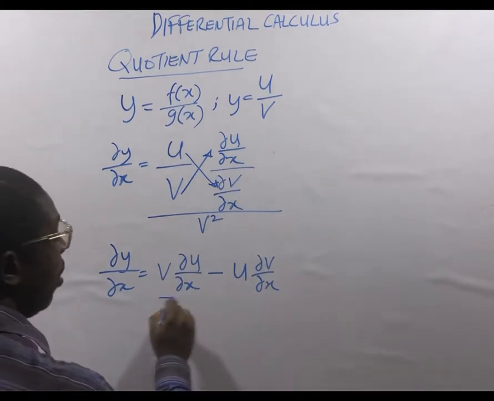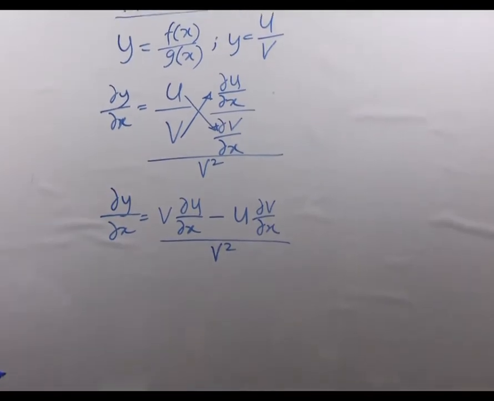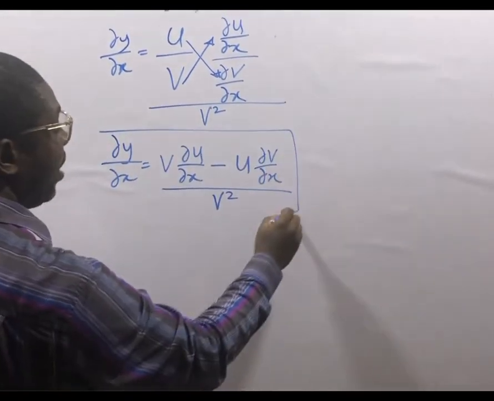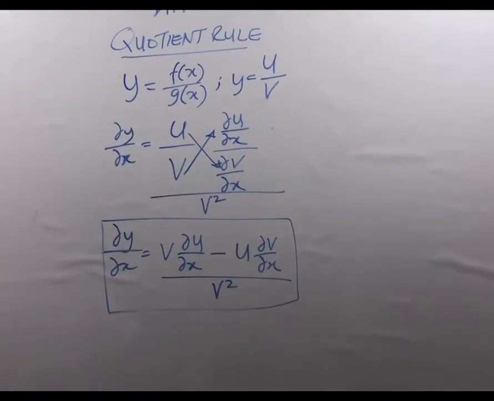That's what we have, all over v squared. So this is how we find the derivative of quotients of two functions.